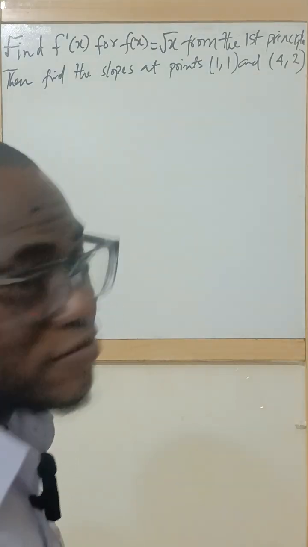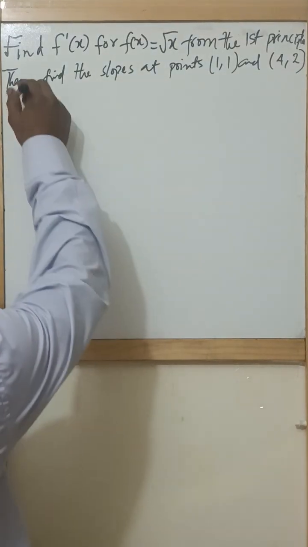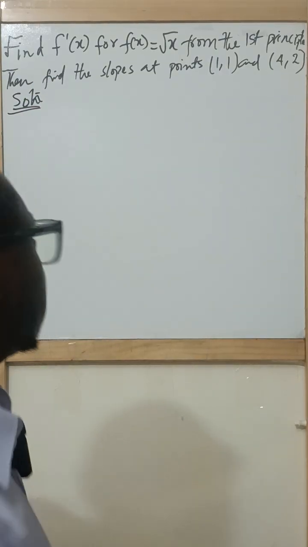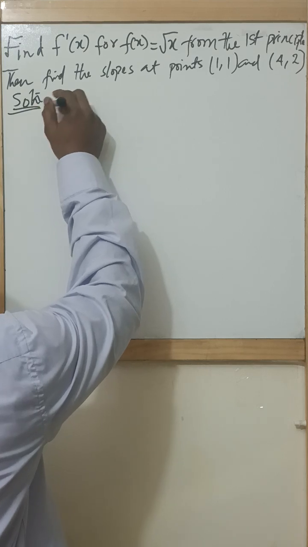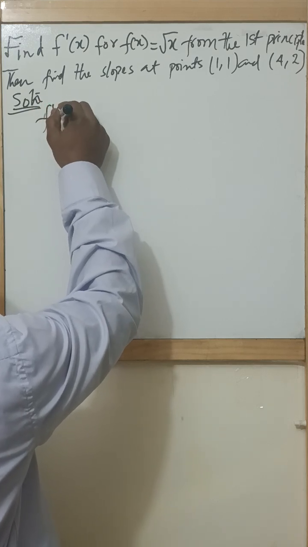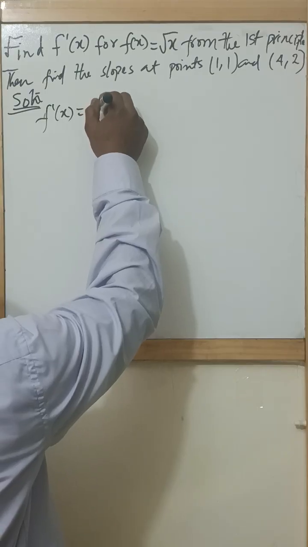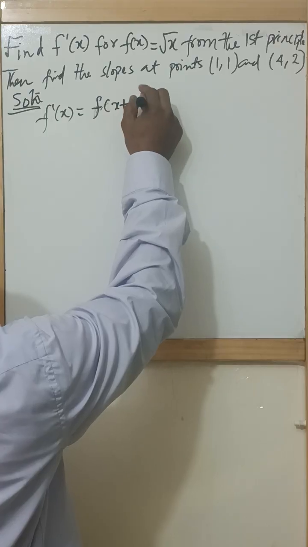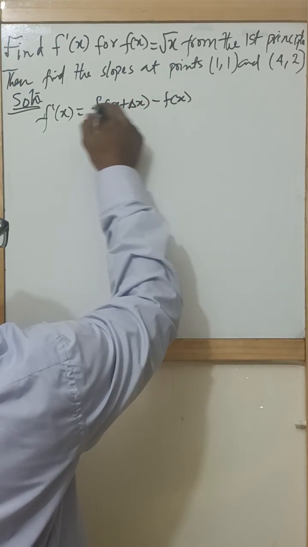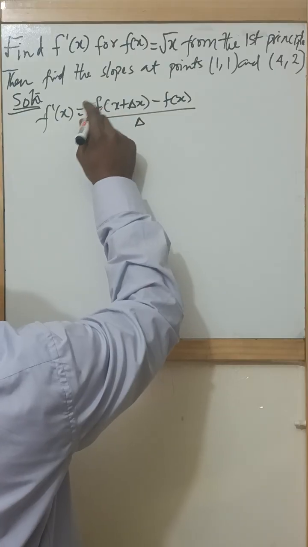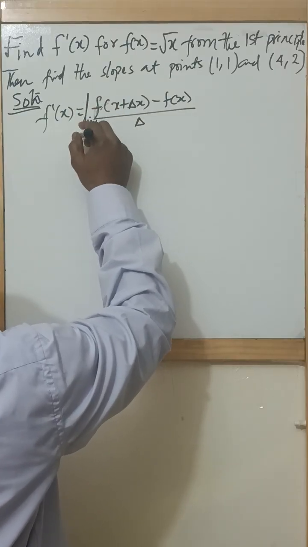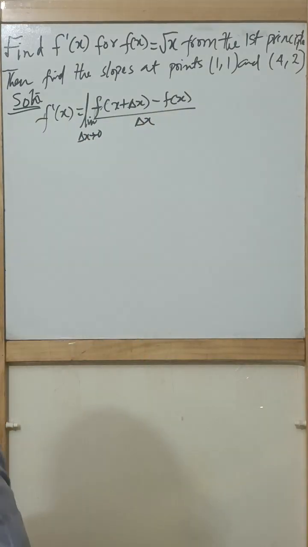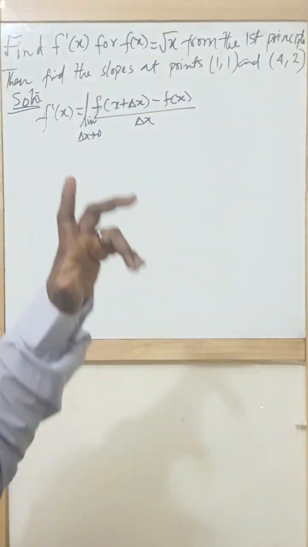So from the first principle, the formula we're going to use is dy/dx, that is f prime of x, equals f of x plus delta x minus f of x all over delta x, in the limiting value as delta x tends to 0. So we are going to use this formula.